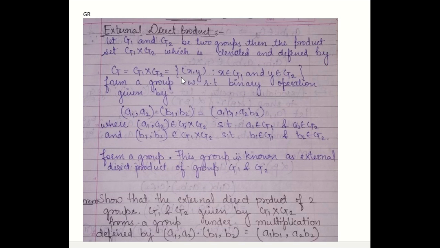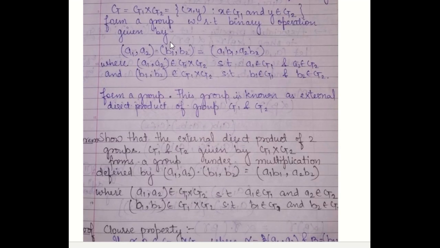First of all, we are going to show that this structure forms a group with respect to the operation, which is defined as the product of two elements of G1 cross G2. If (a1, a2) and (b1, b2) are any two elements of G1 cross G2, then their product is defined as (a1 b1, a2 b2).